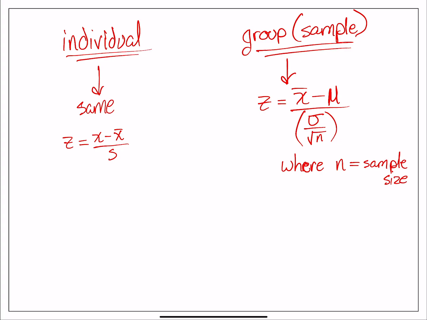And another note, it's going to be important in a little bit: sigma over the square root of n has another name, the standard error of the mean, right? That's another name for that.